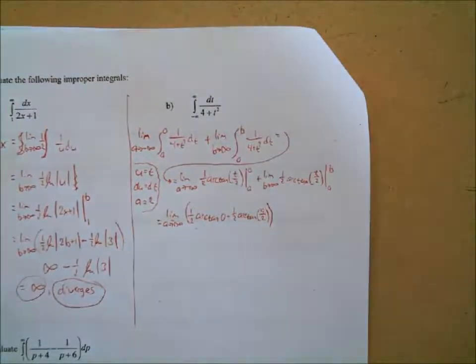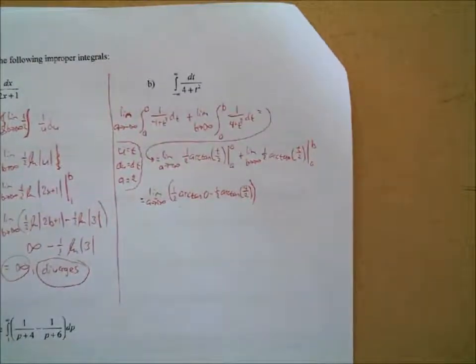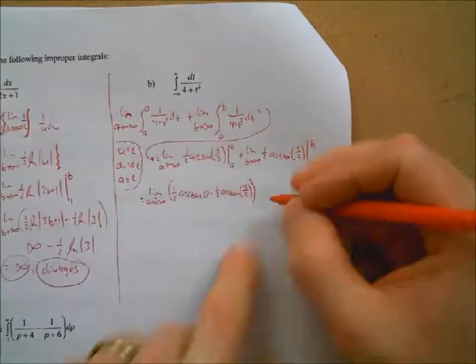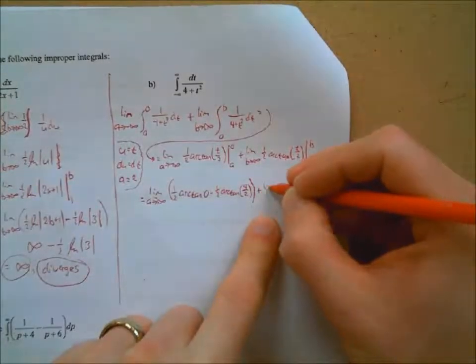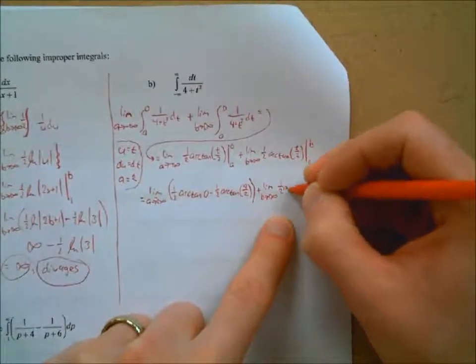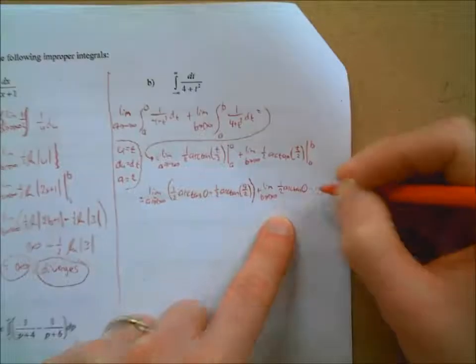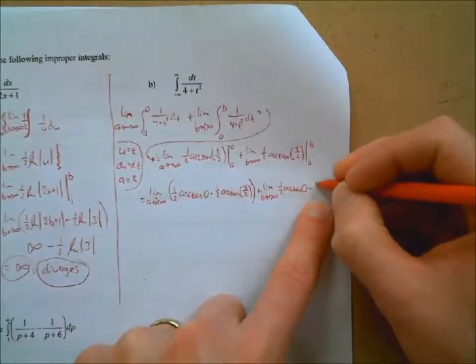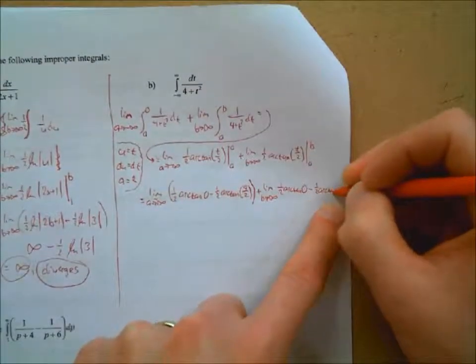So there's our first part with our substitutions, plus the limit as b approaches infinity of 1/2 arctangent of 0 minus 1/2 arctangent b over 2.